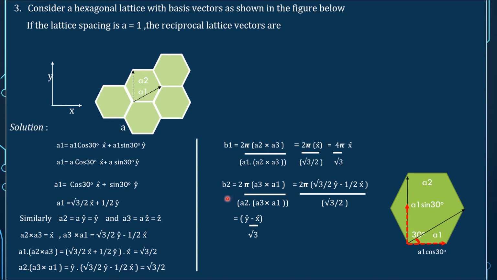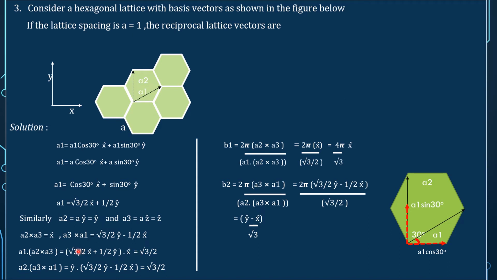Now we have to find a2 cross a3 and so on. So a2 cross a3 is equal to x cap and a3 cross a1 is equal to root 3 by 2 y cap minus half x cap. Then a1 dot a2 cross a3 is equal to (root 3 by 2 x cap plus half y cap) dot x cap, which gives root 3 by 2.